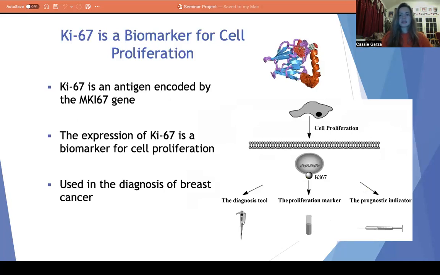So we have Ki67 on this slide, which is an antigen that's encoded by the MKI67 gene. This region is a protein coding region that's heavily associated with the cell cycle and cell proliferation.